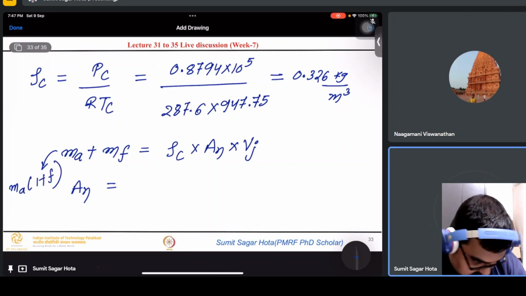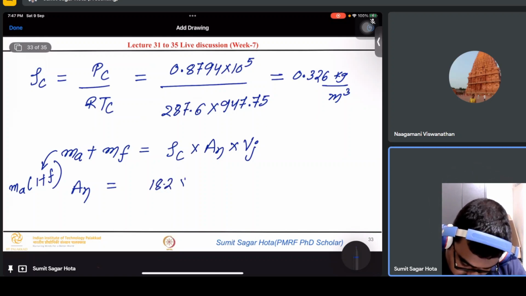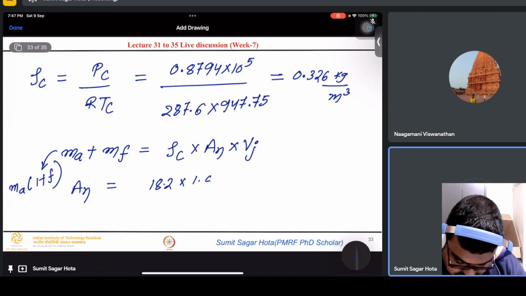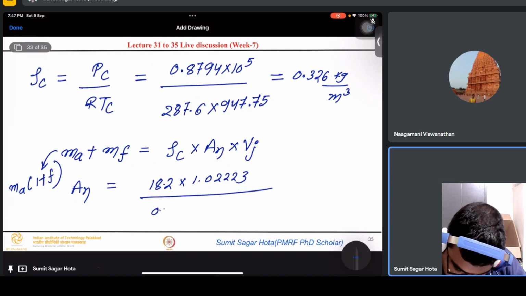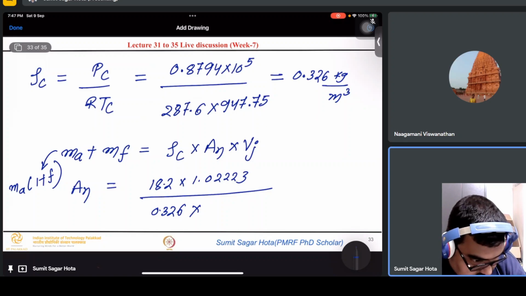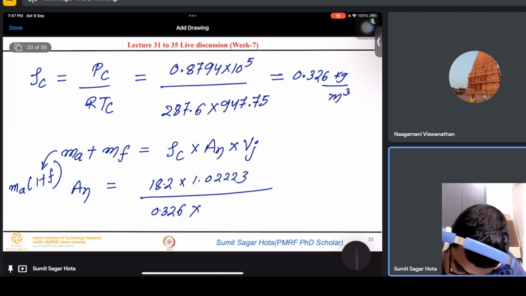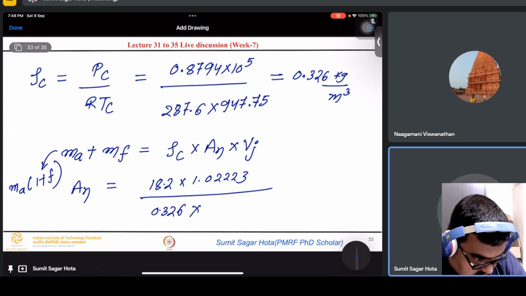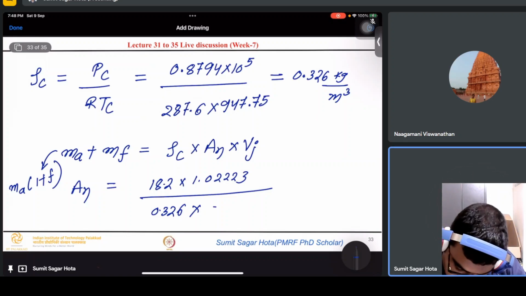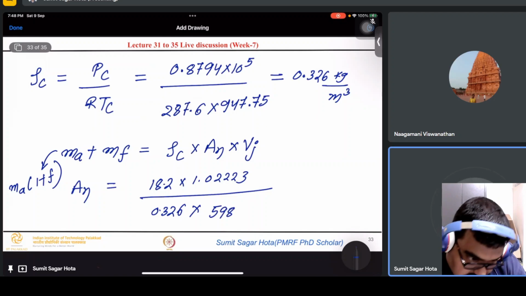So 18.2 into 1.0223 divided by rho C, 0.326. Then what do you want? AN you need to find out. Vj, the jet velocity. What jet velocity did you find? 598.95.